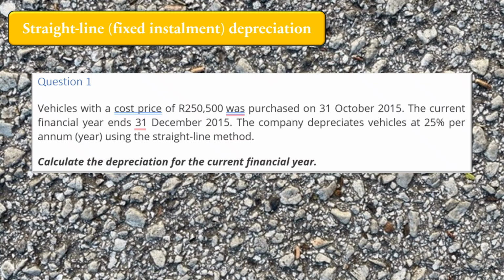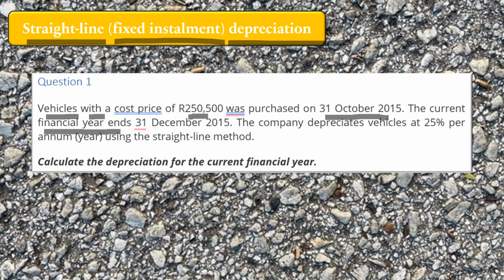In this first example, I'm going to look at an example where a vehicle is depreciated on the straight line method, also known as the fixed installment method. So we're looking at straight line depreciation. So vehicles with a cost price of 250,500 Rand were purchased on the 31st of October 2015.